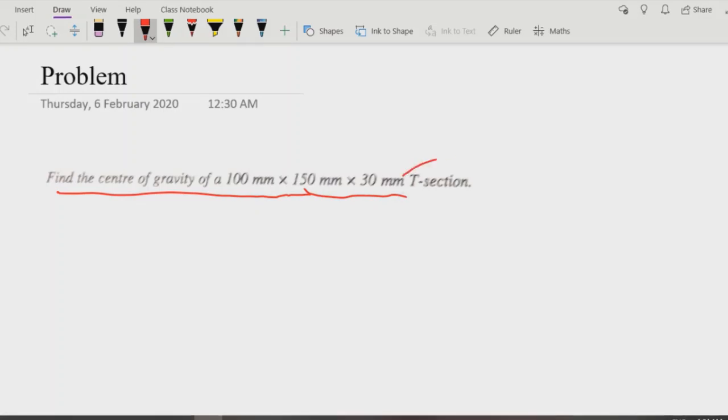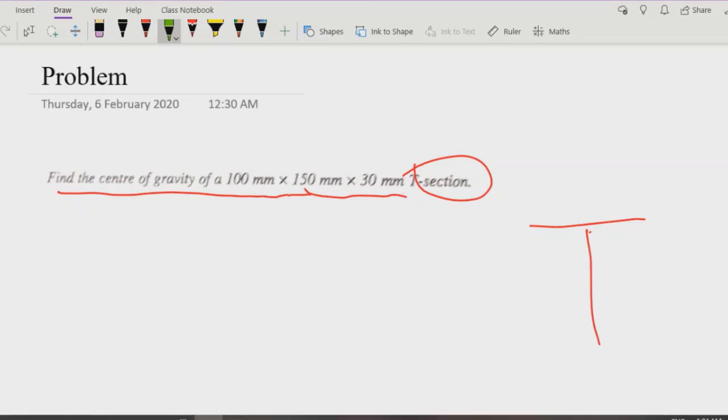Now this word T section tells us this section will be T shaped, a shape like this. The first dimension is always horizontal.